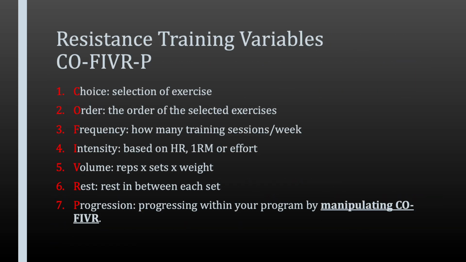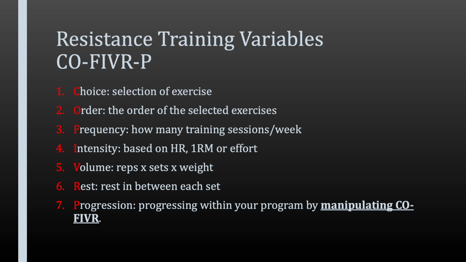Resistance training variables are 7: choice, order, frequency, intensity, volume, rest, and progression. So choice of exercise is to also include not just the exercise itself, but how to complete the exercise.